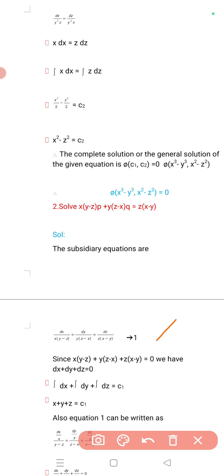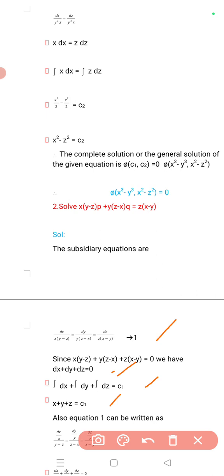You get 0. So we can write dx plus dy plus dz is equal to 0. After this step, we can directly integrate the above equation, and what is the final thing we obtain? x plus y plus z is equal to c1.